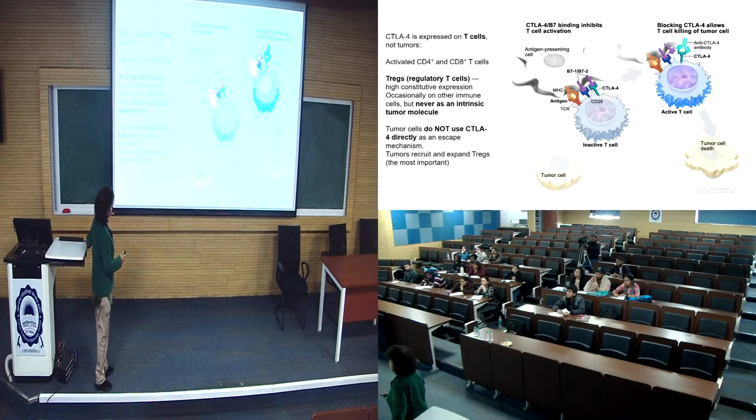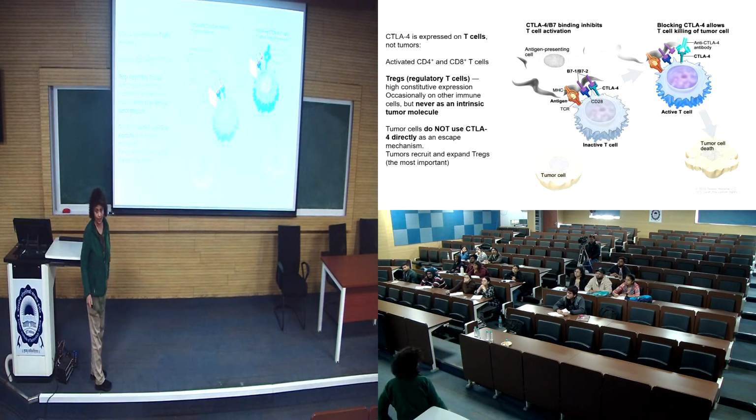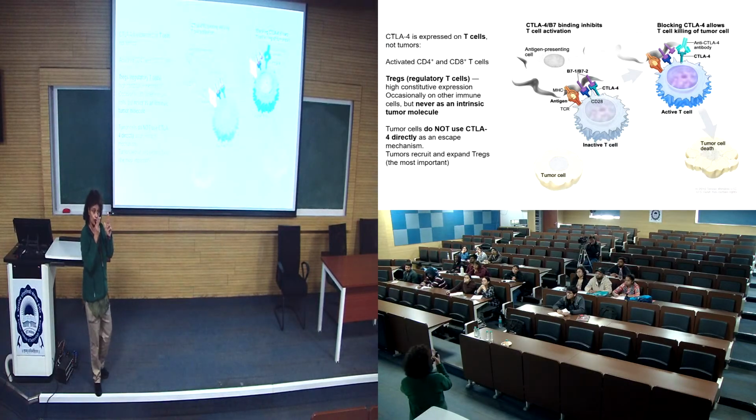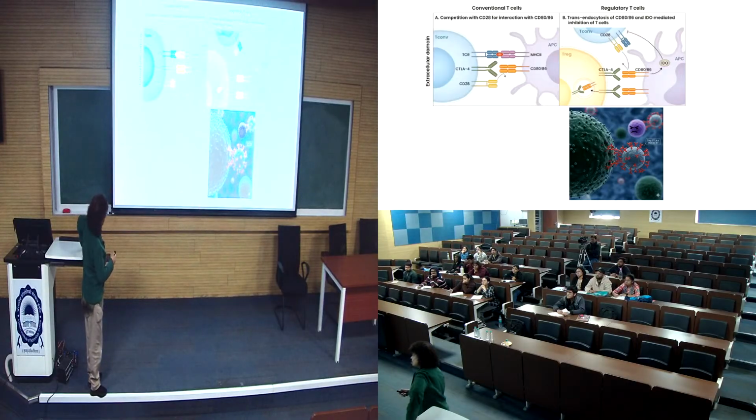It is just showing CTLA4 binding here, which inhibits the signaling, and if you use an antibody against it, then T cells are active, which makes sense. Because if you put in the antibody, CTLA4 will not get engaged, T cells will get both the signals, and they will become active. So this is a more accurate representation.